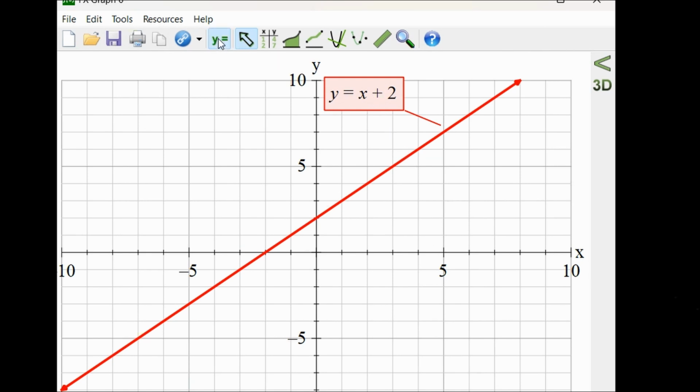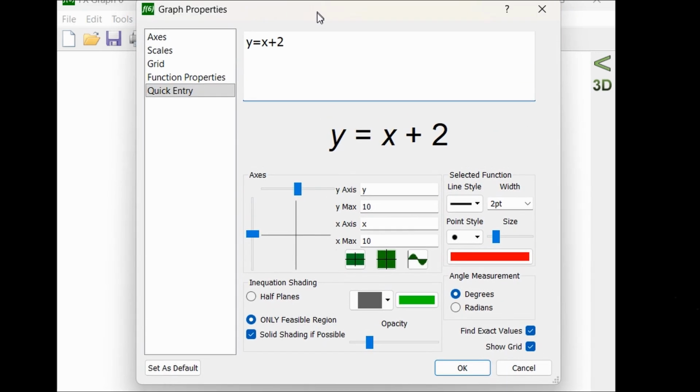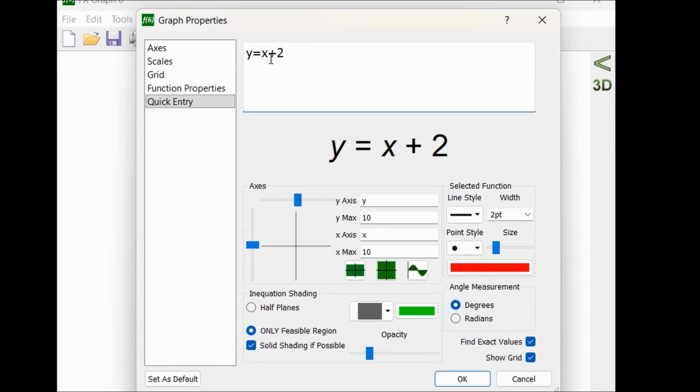Now what happens if we change it to y is less than? Let me find it on the keyboard. Got it. That's not quite the equation that you've got in the question, but look what happens.